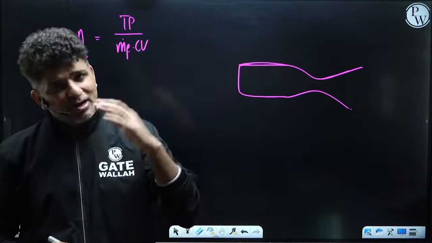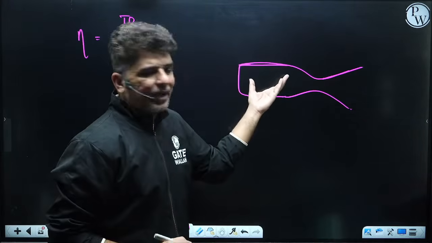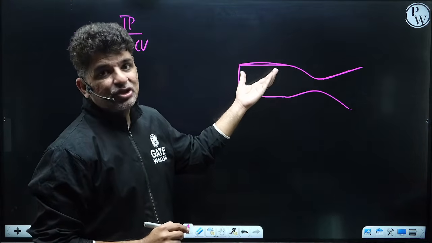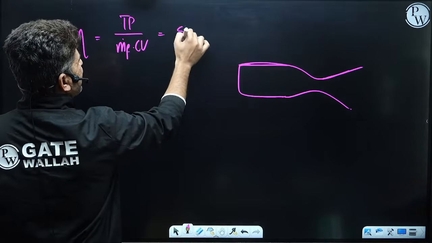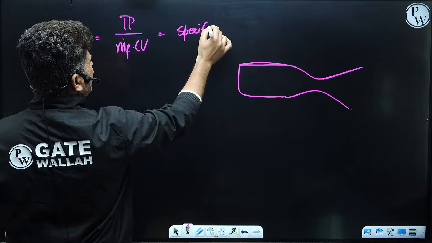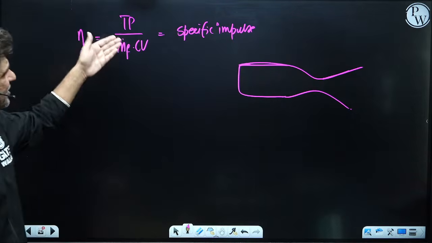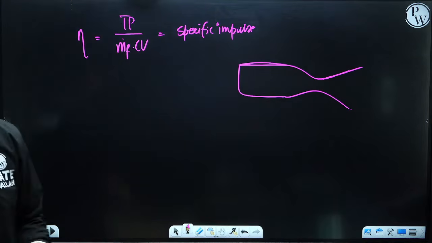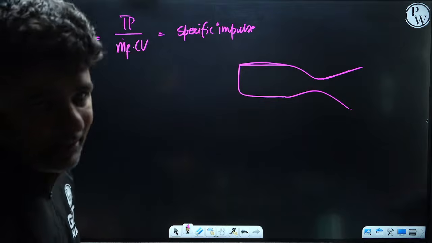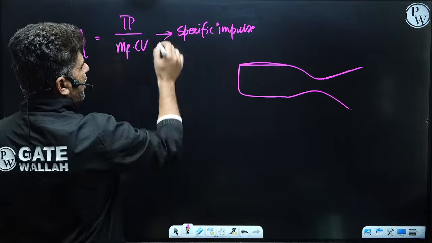Okay, so there will not be any Brayton cycle running over here. So this efficiency is actually calculated in terms of specific impulse. We will see that specific impulse is basically the thrust divided by the mass flow rate of fuel that you are providing.